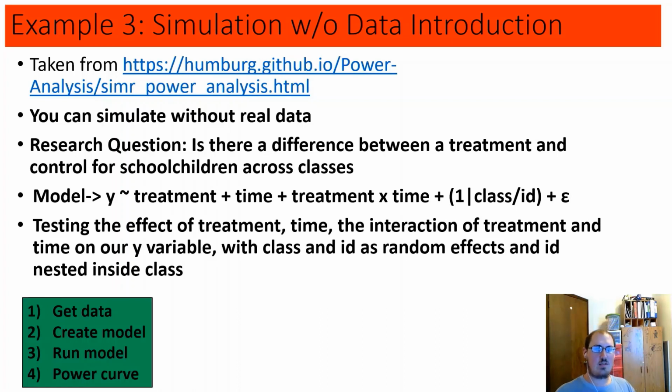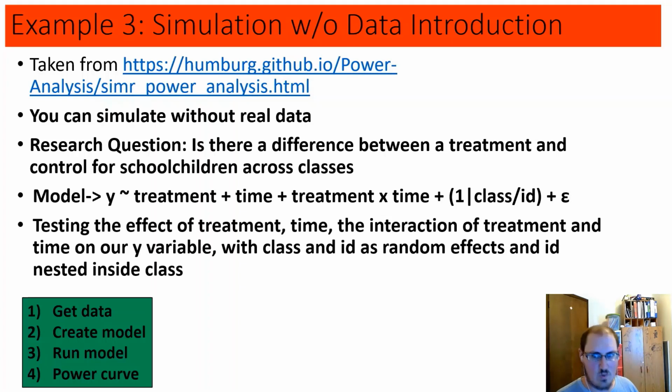So, simulation without data. This is taken from this website here, where they show we can simulate without any real data. The question they pose is, is there a difference between a treatment and control for school children across classes?